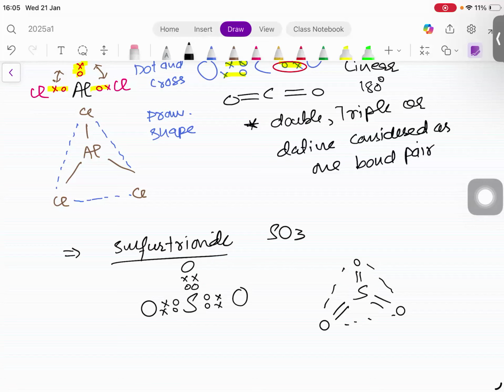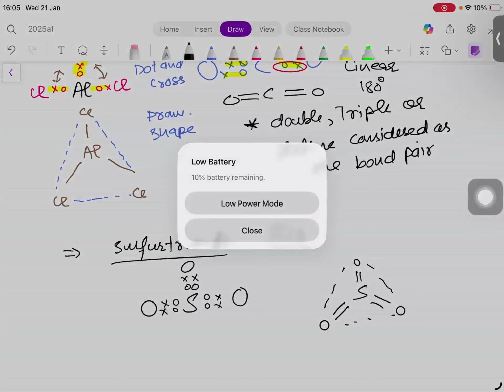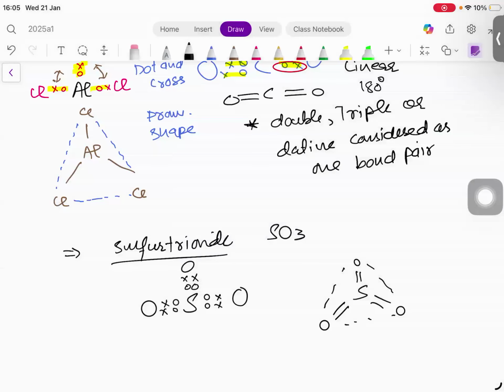Now it is sulfur dioxide. But I removed the oxygen, but I obviously cannot remove the electron pair present here. That turns into a lone pair. So what do you suggest about this? If there are two bond pairs and one lone pair like this, it is still applying force on both sides. It is still repelling these electron clouds, the bond pair clouds.